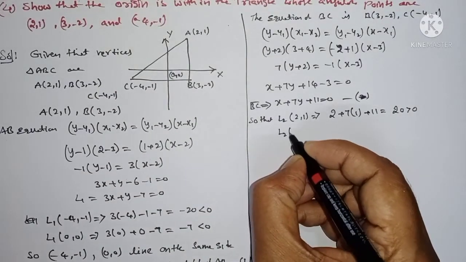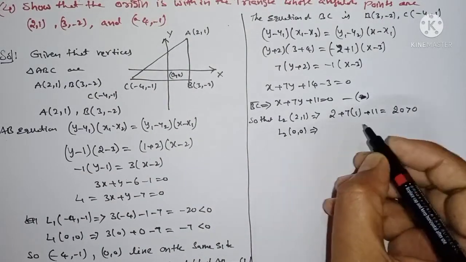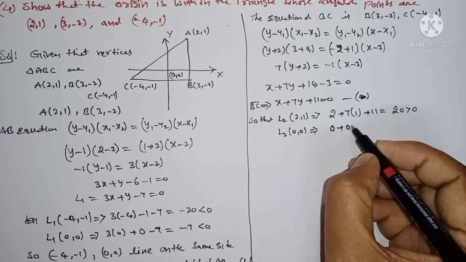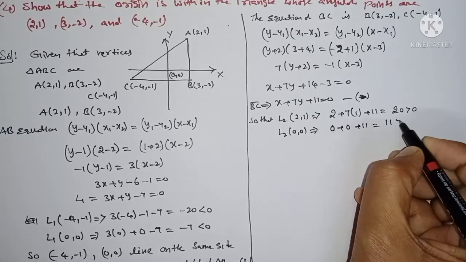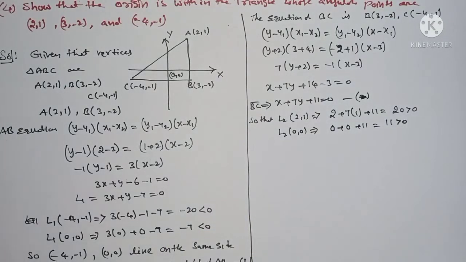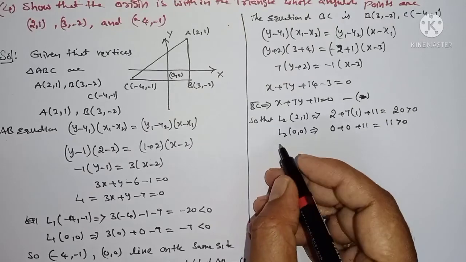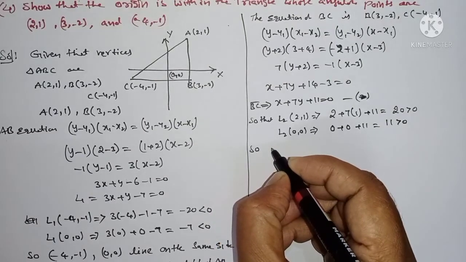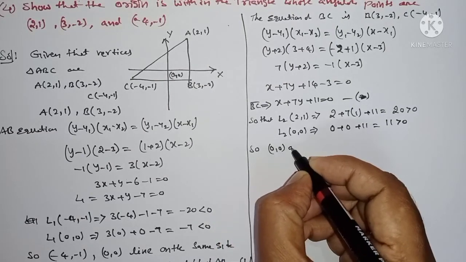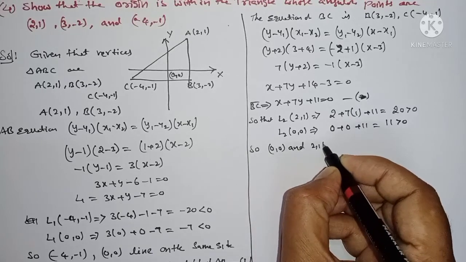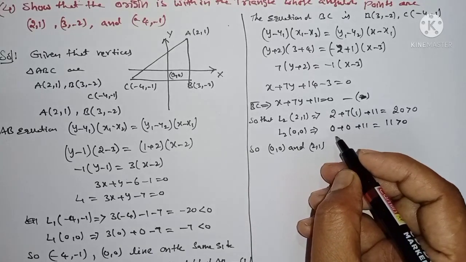And L2 of 0, 0. Therefore 0 plus 0 plus 11, which is 11. Both are positive. Therefore you can write here that 0 comma 0 and 2 comma 1 lie on the same side.